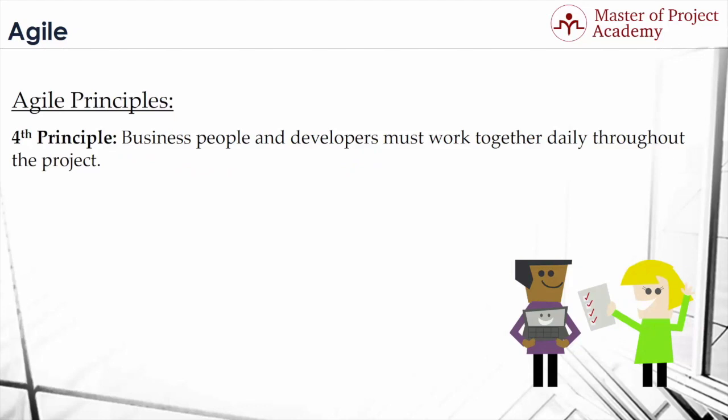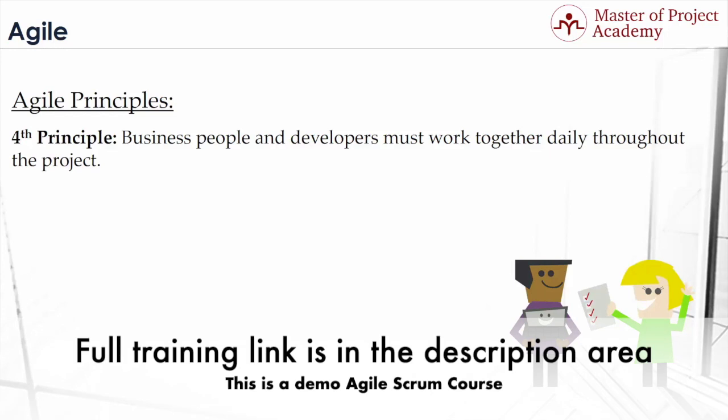The fourth Agile principle is, business people and developers must work together daily throughout the project. With the help of this principle, business people who know the business needs and developers who work on the requirements and create software are brought together. This ensures constant communication, helps to fill the gaps faster, and improves understanding.